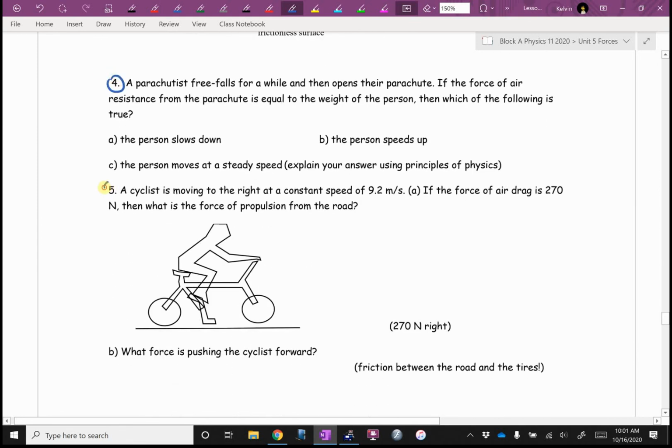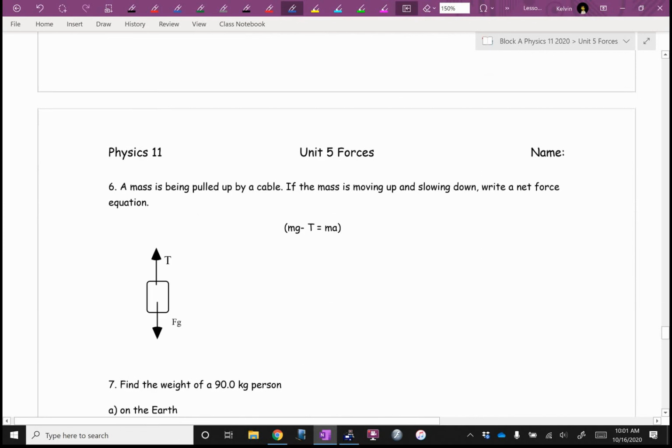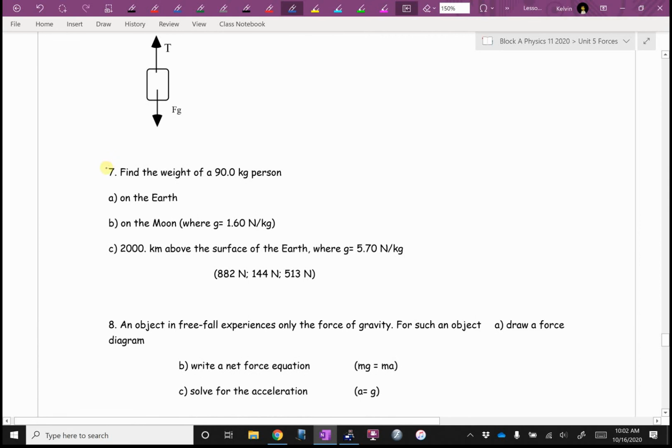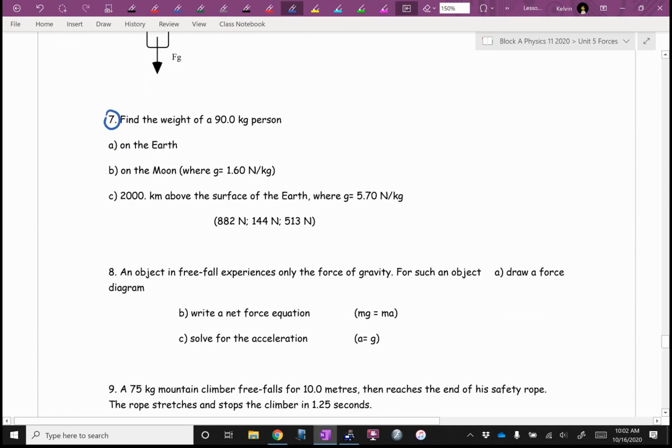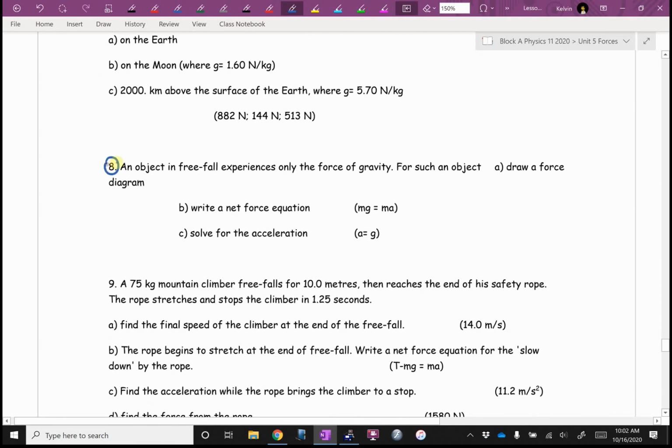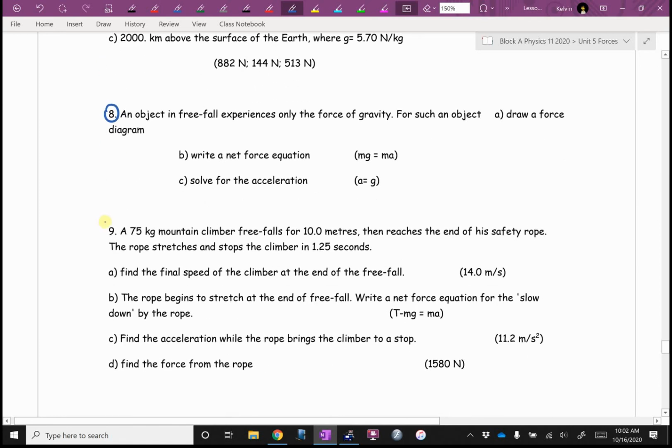4 is good. 5 is good. You can skip 6. 7 is good. 8 is good. 9 is so easy that it's tough.